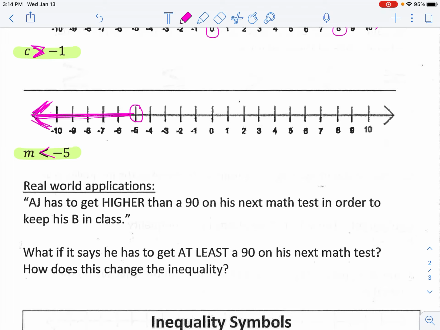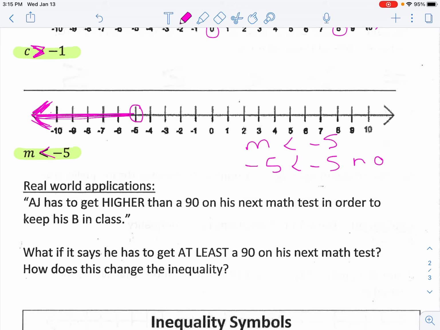This is going to remain an open circle. We're not going to fill it in because the inequality is less than. So if it's M is less than -5, is it true that -5 is less than -5? No. A number cannot be less than itself. So that's why the circle is open.